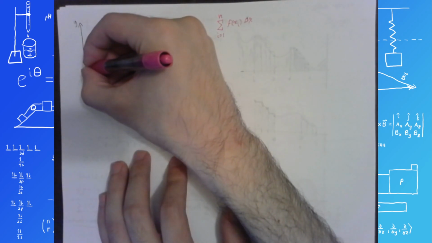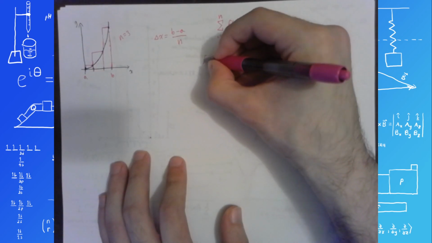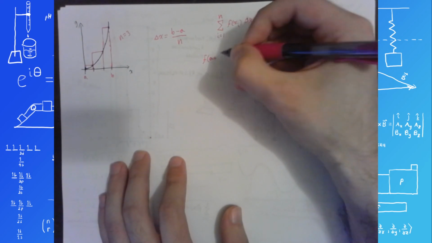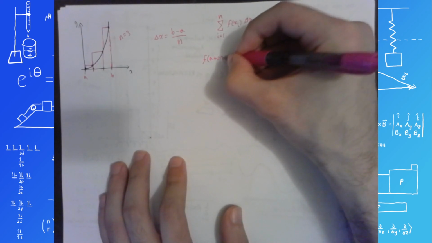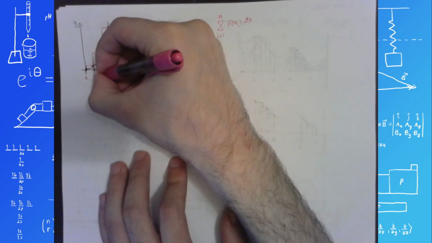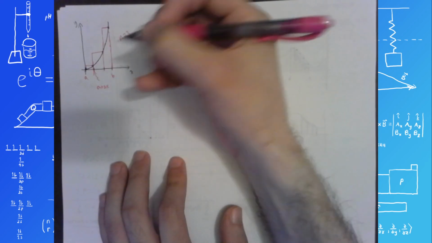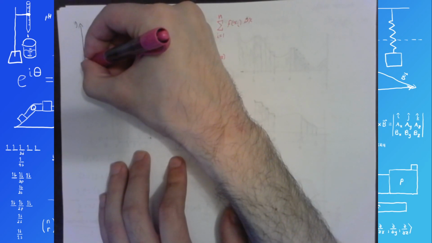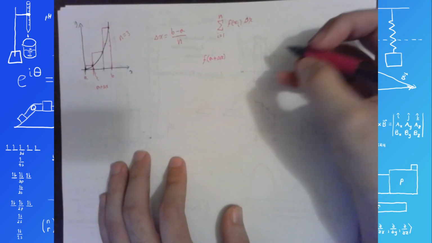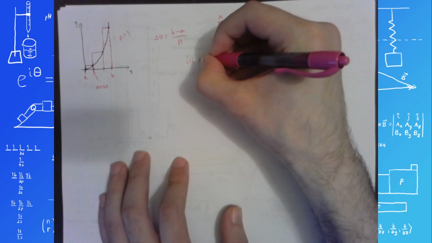The height of our first rectangle would be f of not a itself, but a plus delta x. If this is a, then this over here is a plus delta x. That's what we use for the height of our first rectangle, f of a plus delta x. So this is when i equals 1.